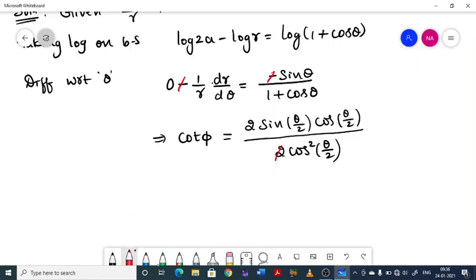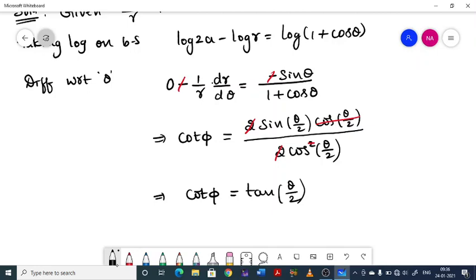So this 2 gets cancelled with this and one term cancels with this. So we will be having cot phi equal to tan of theta by 2, right? Cot phi equal to tan of theta by 2.